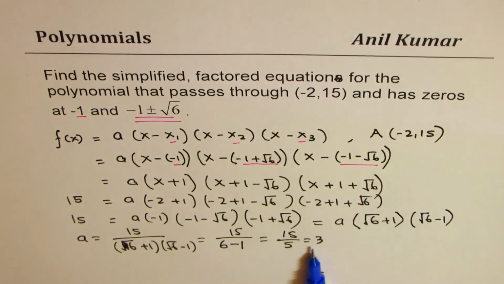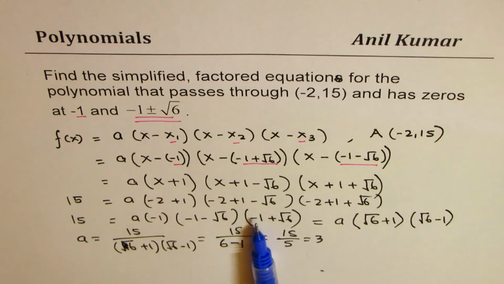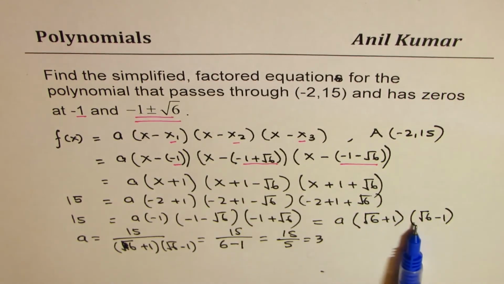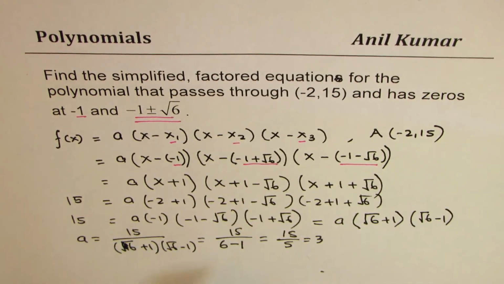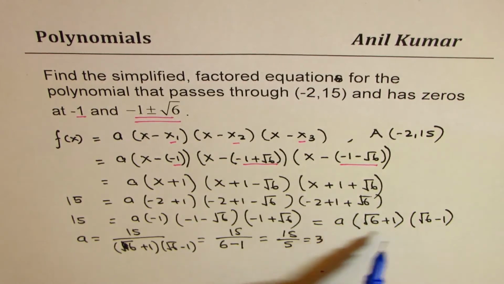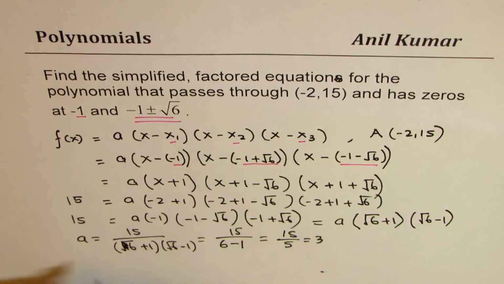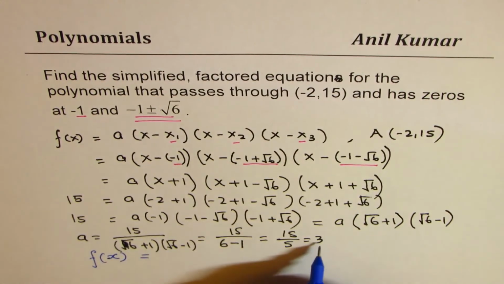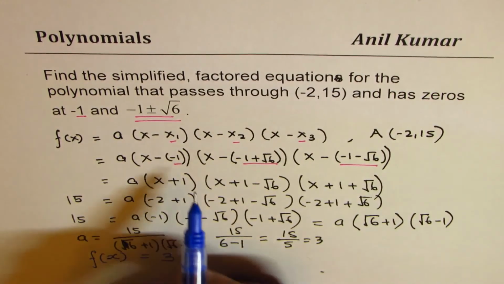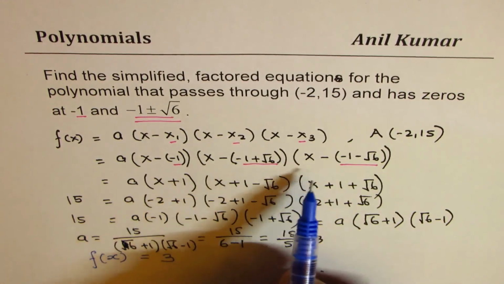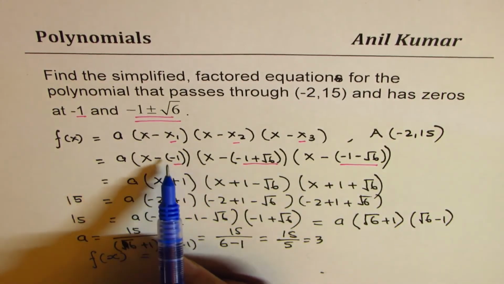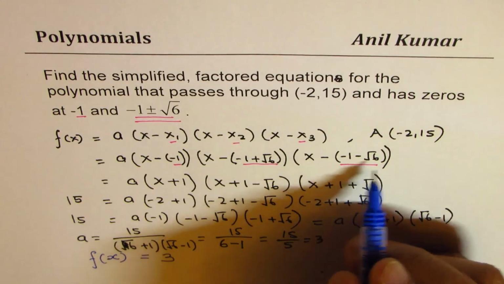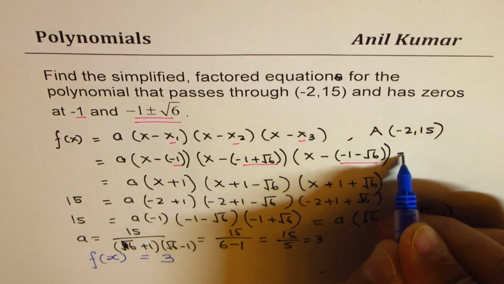If I substitute a as 3 in my equation, which is kind of like here, I get my polynomial. Is that okay? So we can write f of x, the polynomial f of x, as equal to a is 3. And all this, when I expand, I should write in a better way here.